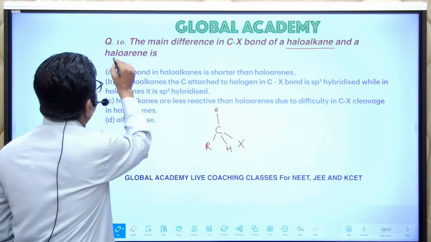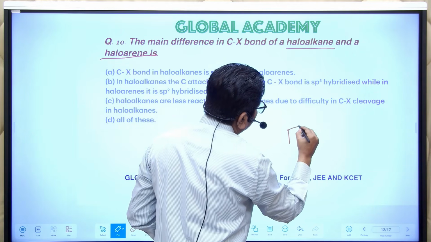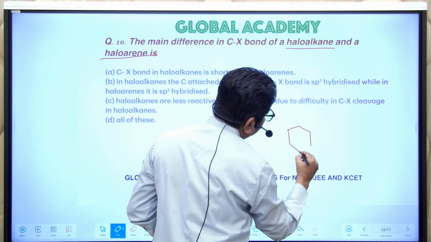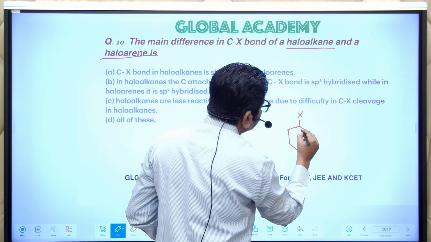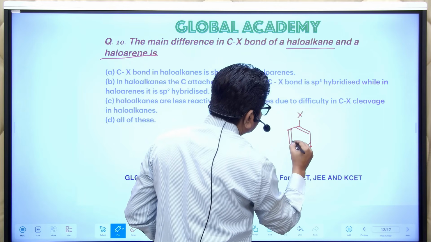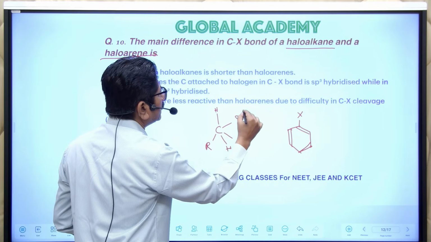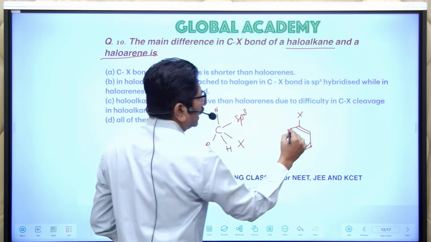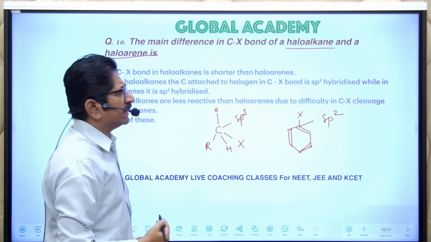Then the haloarene you can write like this. Now here this carbon is sp3 hybridized, and here this carbon is sp2 hybridized.